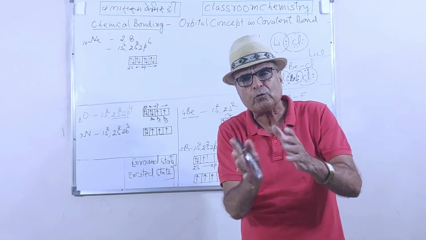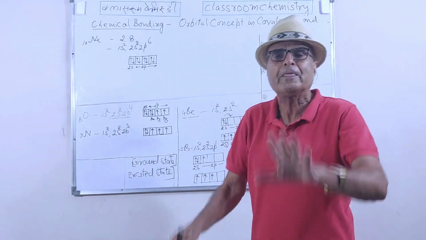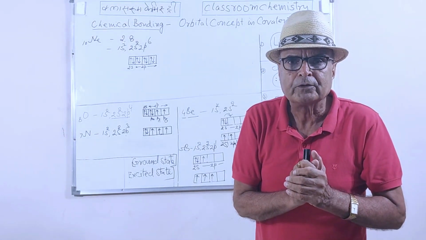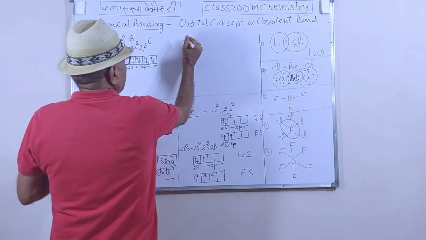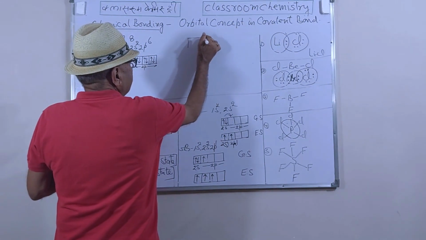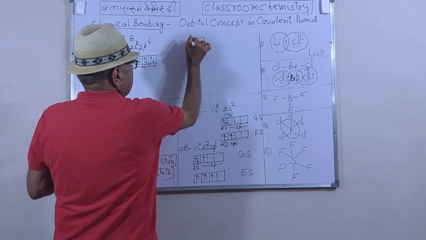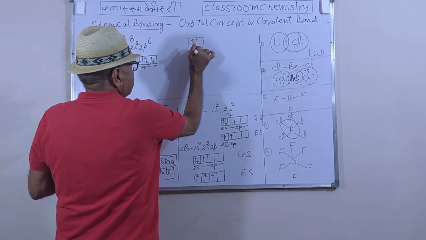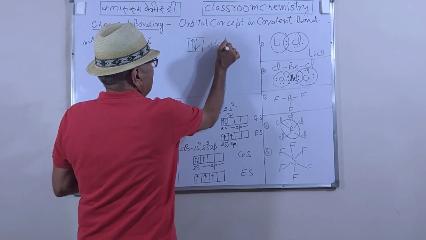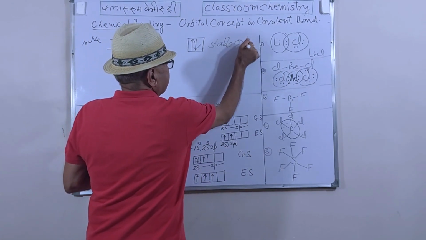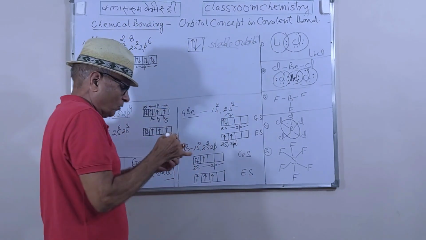Each orbital can acquire only 2 electrons, so when these 4 orbitals are fulfilled, they are stable. In other words, when one orbital has 2 electrons in opposite spin, that is a stable orbital.